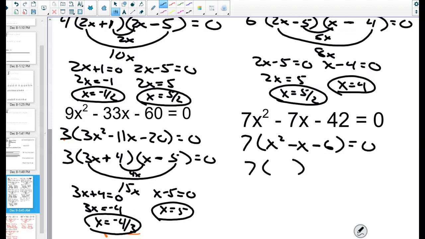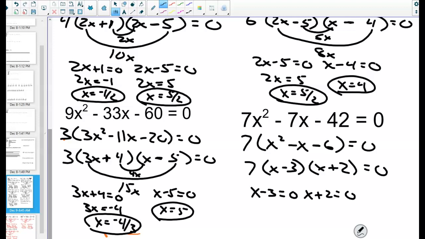Whenever there's just an x squared, it's x and x. What factors of 6 can combine to be a negative 1? Minus 3 plus 2. You probably don't even need to check your middle term now. x minus 3 equals 0, x plus 2 equals 0, and my two answers are x equals 3 and x equals negative 2.